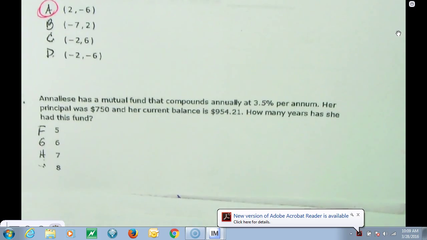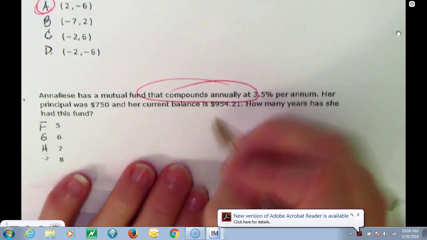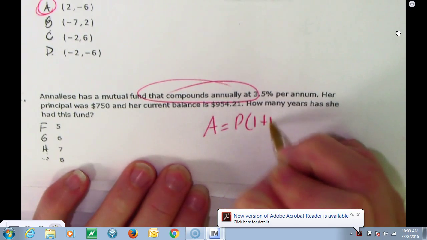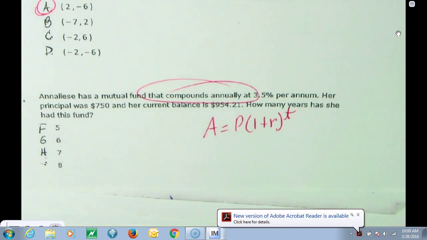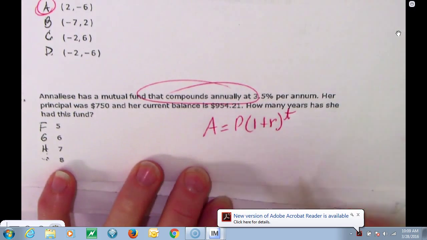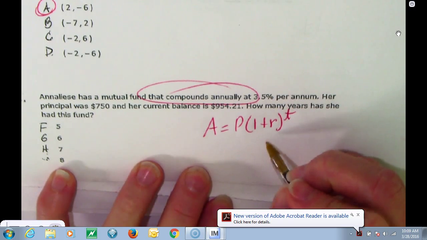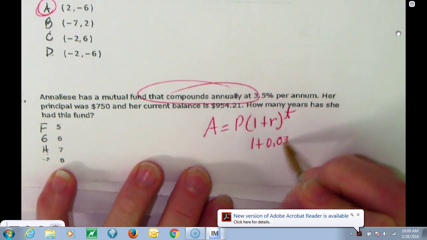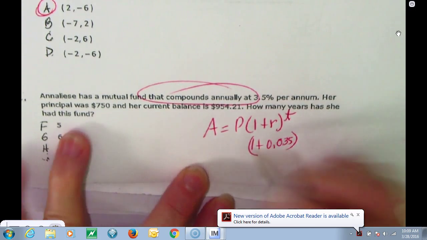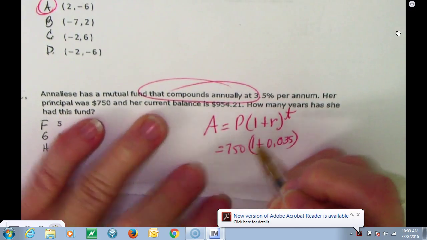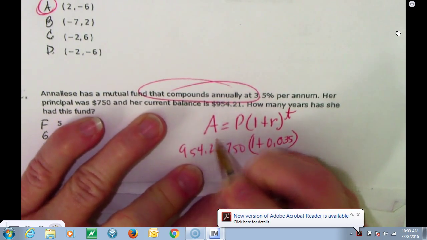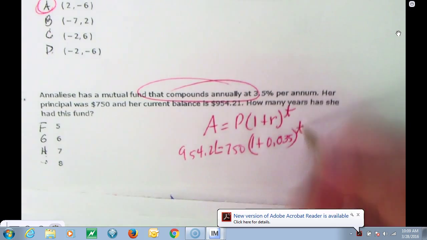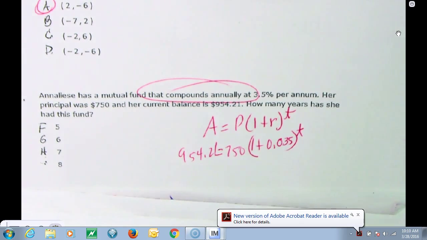Okay, the very last one. Compounds annually. Oh, I remember seeing that formula on the formula chart. Compound interest. So I'm going to go fill in what I know. Okay, 3.5%. Remember, I have to move my decimal back 2 times. The principal is $750. Oh, her balance in her account is that. So they want me to find T. Well, I do, but I haven't taught y'all how to find T to solve these.